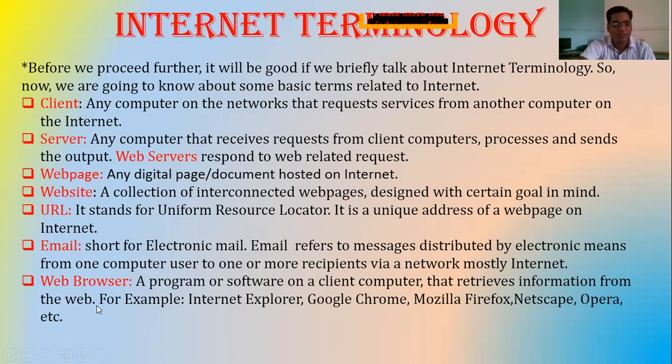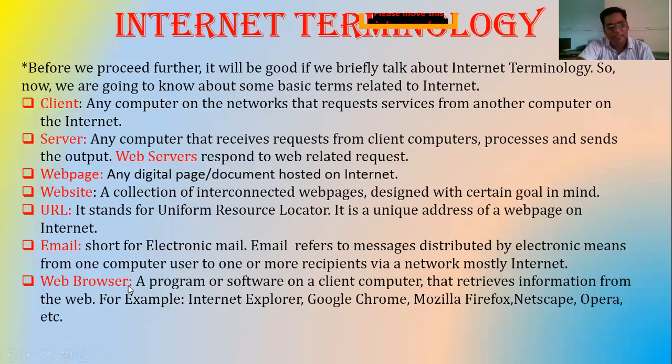The next and last one is web browser, a program or software on client computer that retrieves information from the web. For example, Internet Explorer, Google Chrome, Mozilla Firefox, Netscape Navigator, Opera, etc. There are so many examples of web browser, but these are the main ones. Some students often confuse web browser and website.